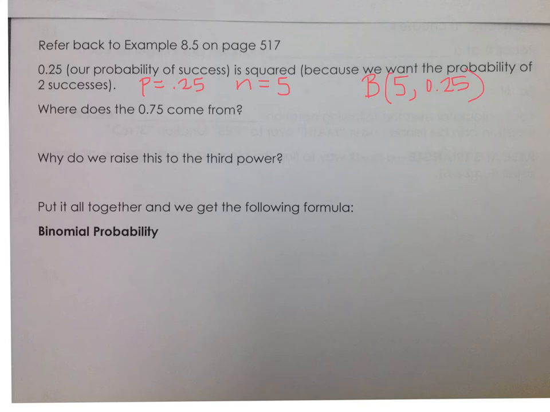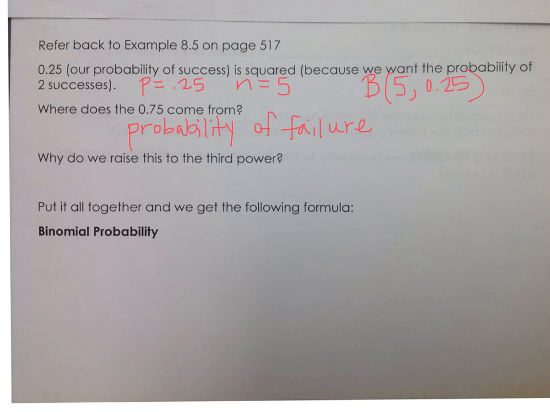We have 0.75 as our probability of failure. So if you're looking at example 8.5, you're going to see not only the probability of success, but also the probability of failure represented in the calculations.